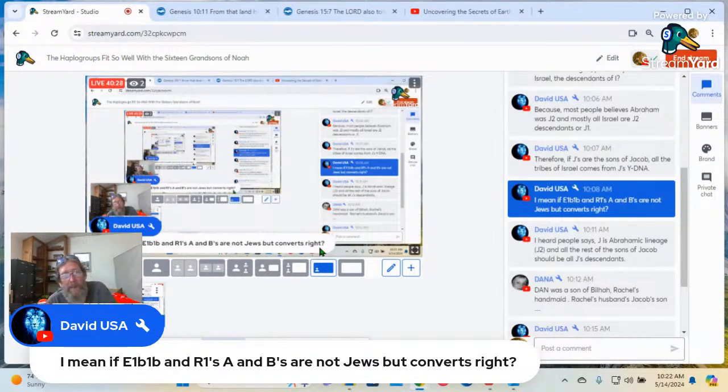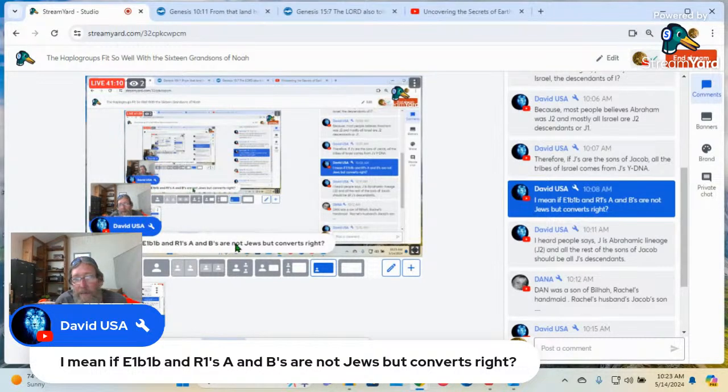If they're in the Jewish population, yeah, they become Jews, even autosomally and genetically, even though they're descended from Ashkenaz, Riphath, or Mitzrayim, or even maybe Canaan. Being in the Jewish population, they are just as Jewish as anybody else.